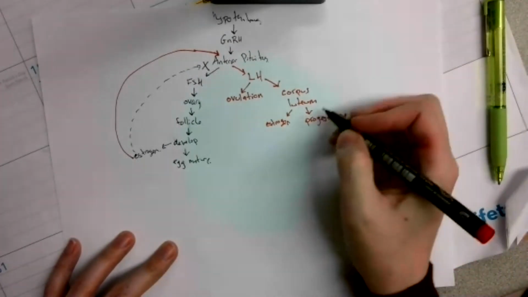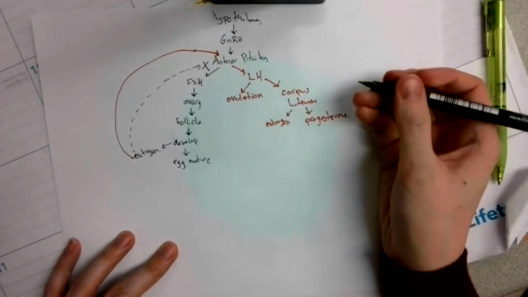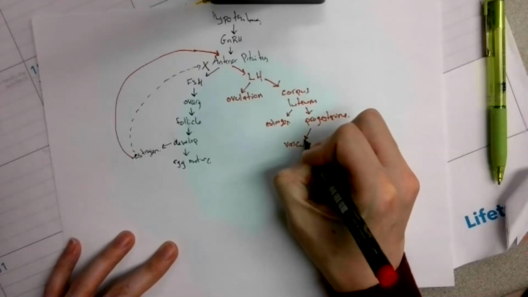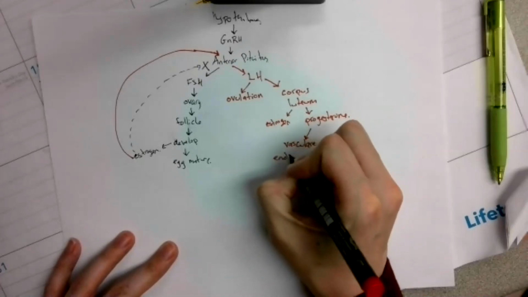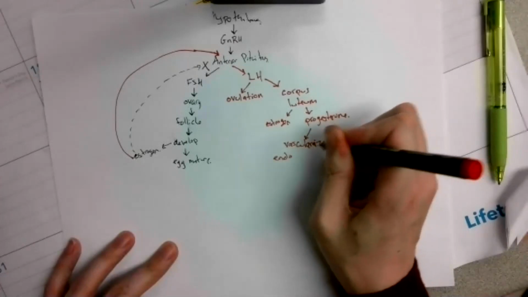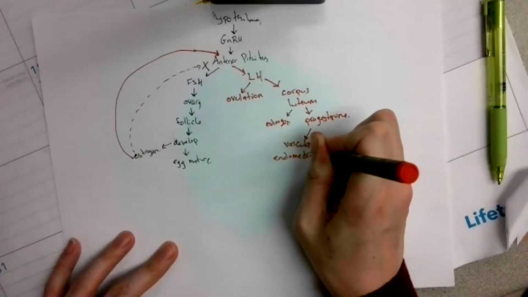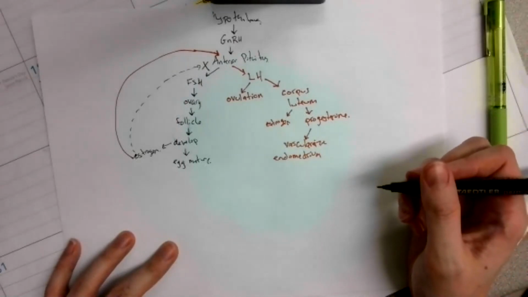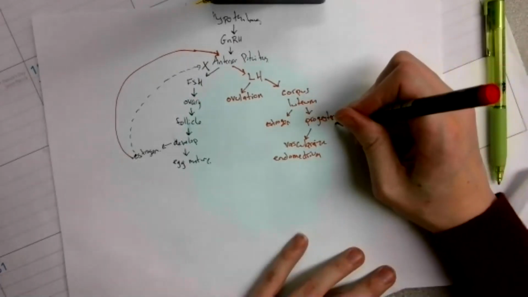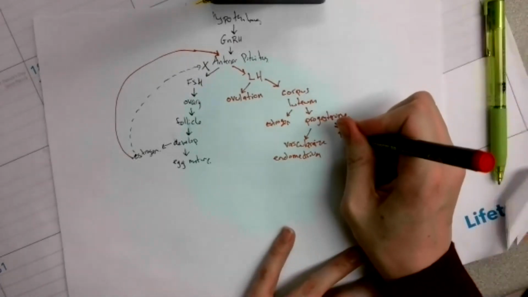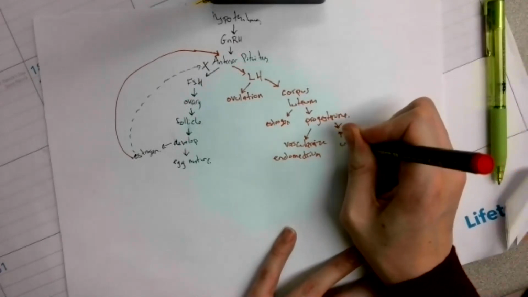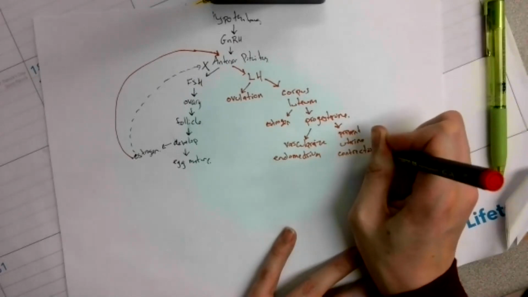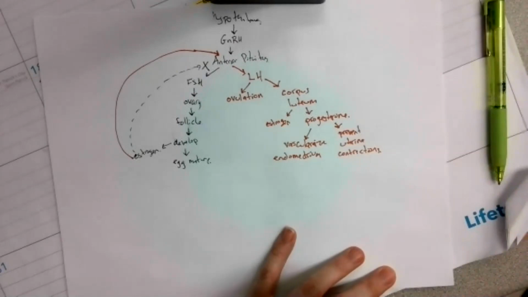And that progesterone is going to do a couple things. It is going to vascularize the endometrium, just get the endometrium nice and thick and juicy and ready for that egg to implant. It's also going to prevent uterine contractions, so that the endometrium is not shed.